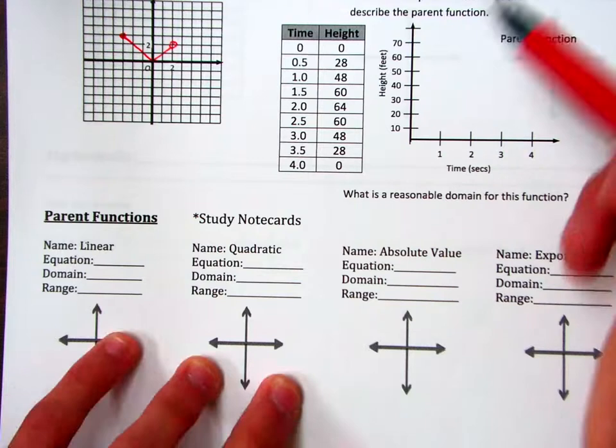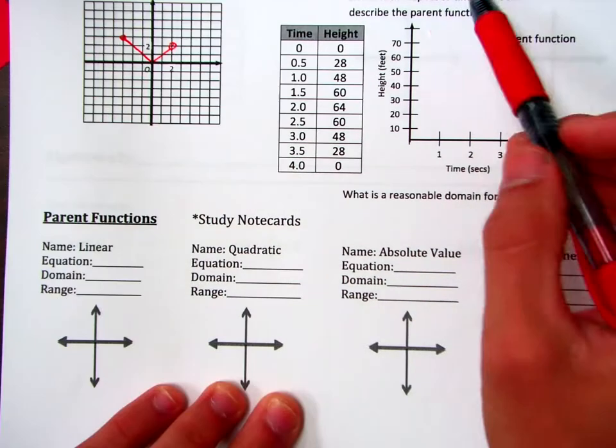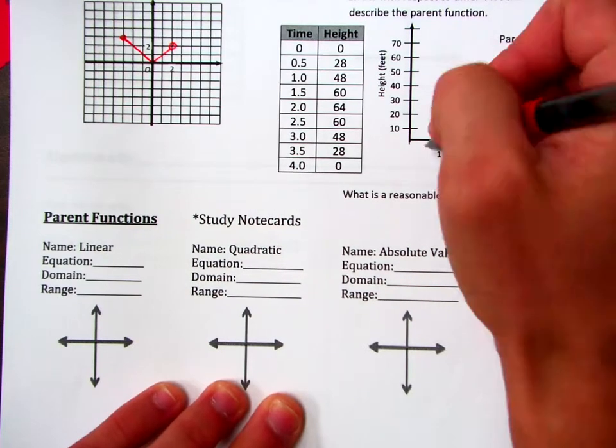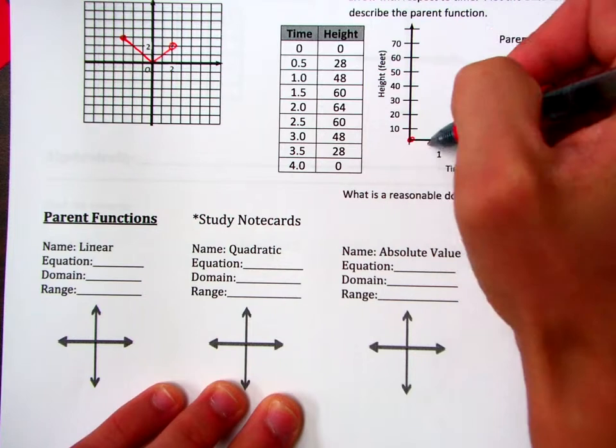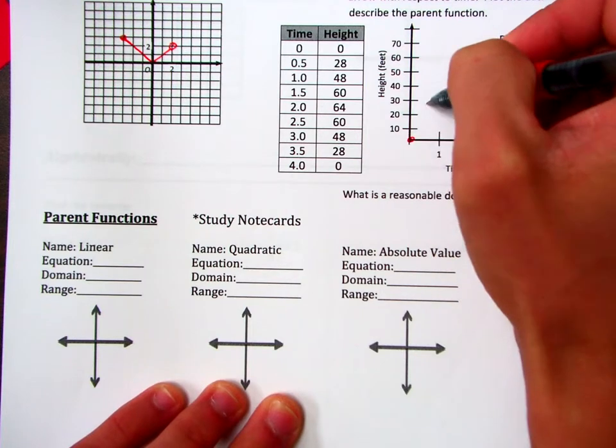This right here is talking about an arrow being shot into the air. It starts at 0, 0. After 0.5 seconds, it is 28. So this is all estimation.